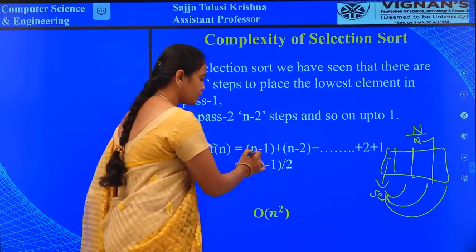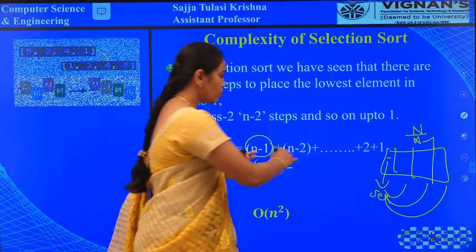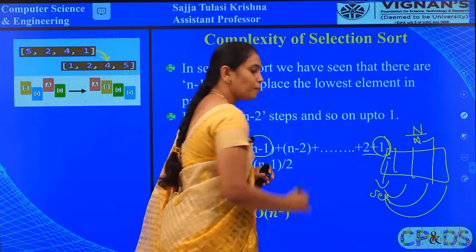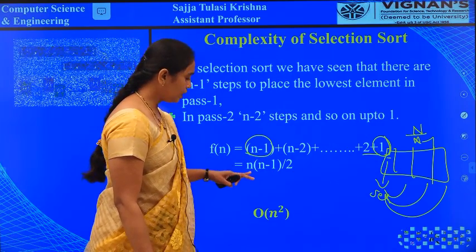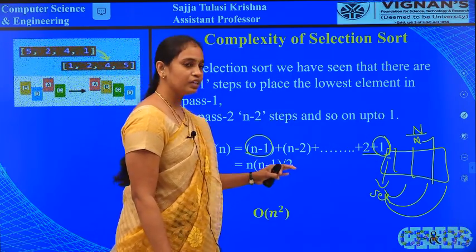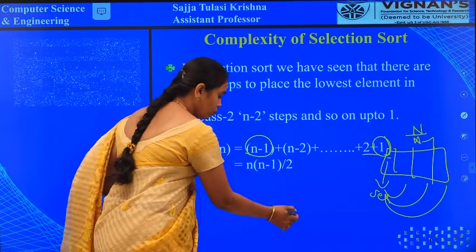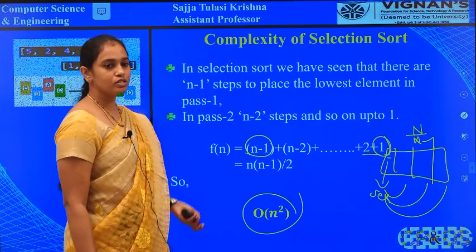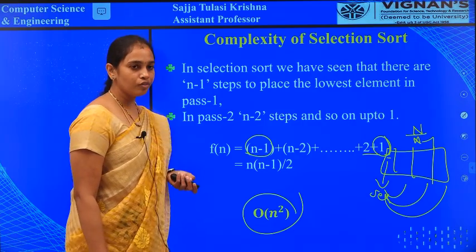So it starts with n minus 1, and likewise it has to stop at 1. So again the formula is n into n minus 1 by 2. So again the complexity for this selection sort is also big O of n square.